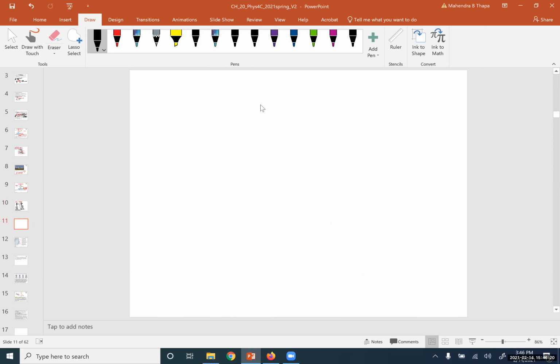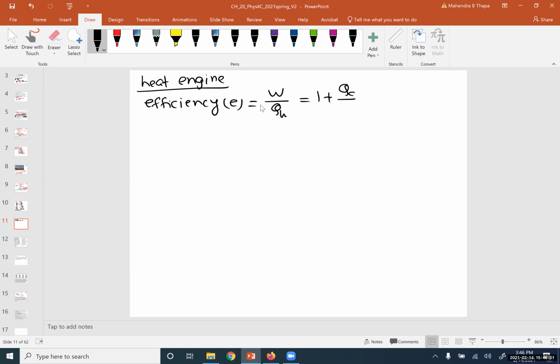Let's do a little bit of math. In the heat engine, we defined efficiency E equals work done over QH, which equals 1 minus QC over QH, using positive values for both.